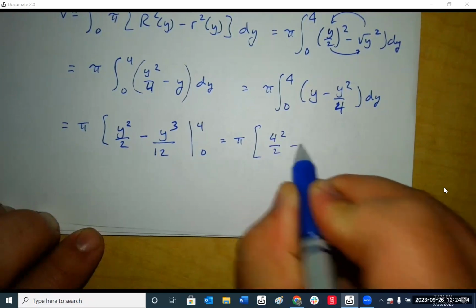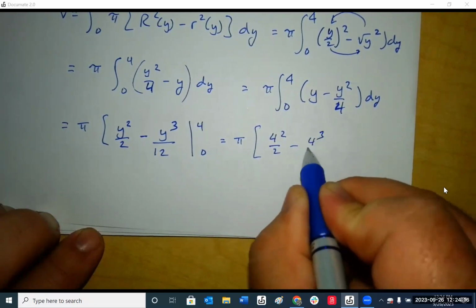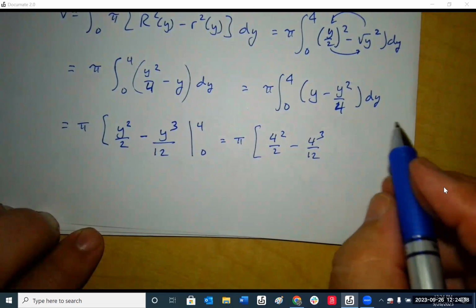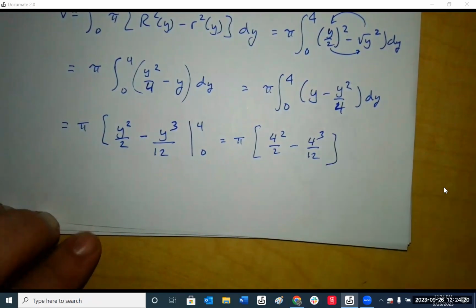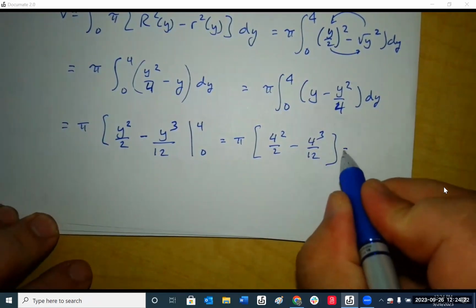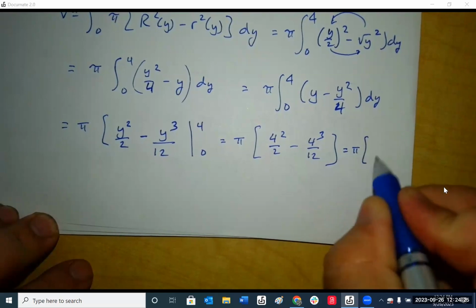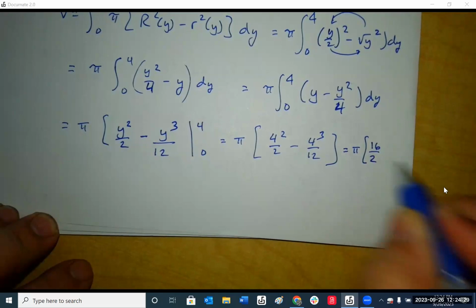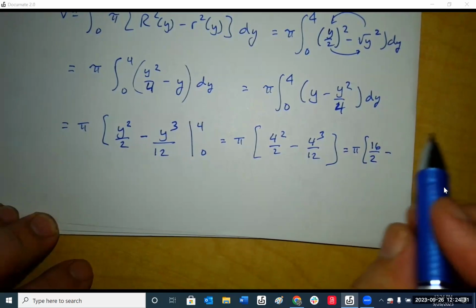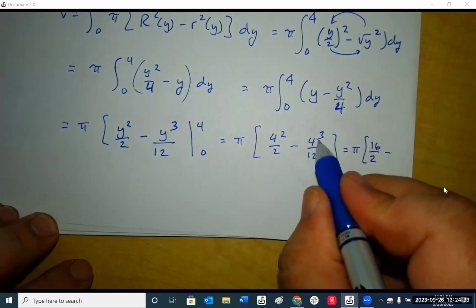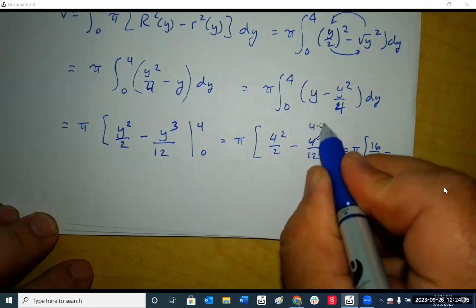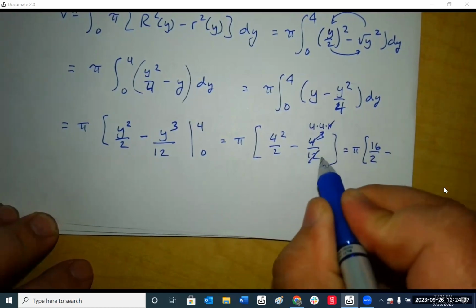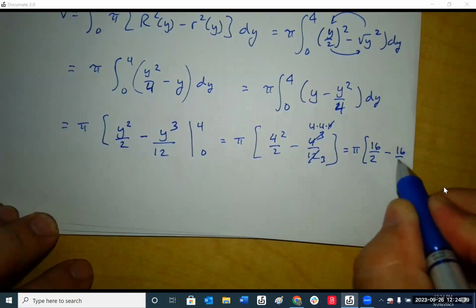Four squared over 2 minus 4 cubed over 12 minus 0. (16 over 2). This is 4 times 4 times 4. Makes it 16 over 3.